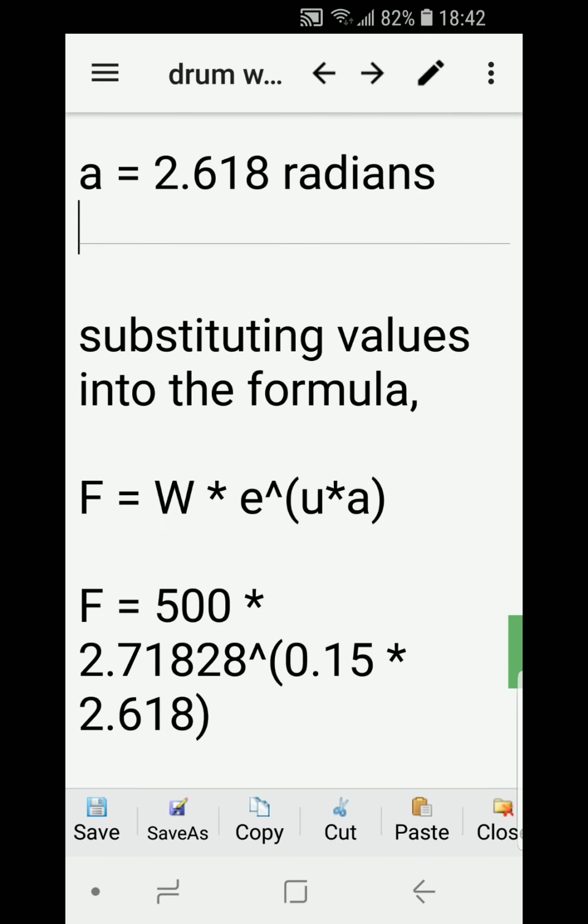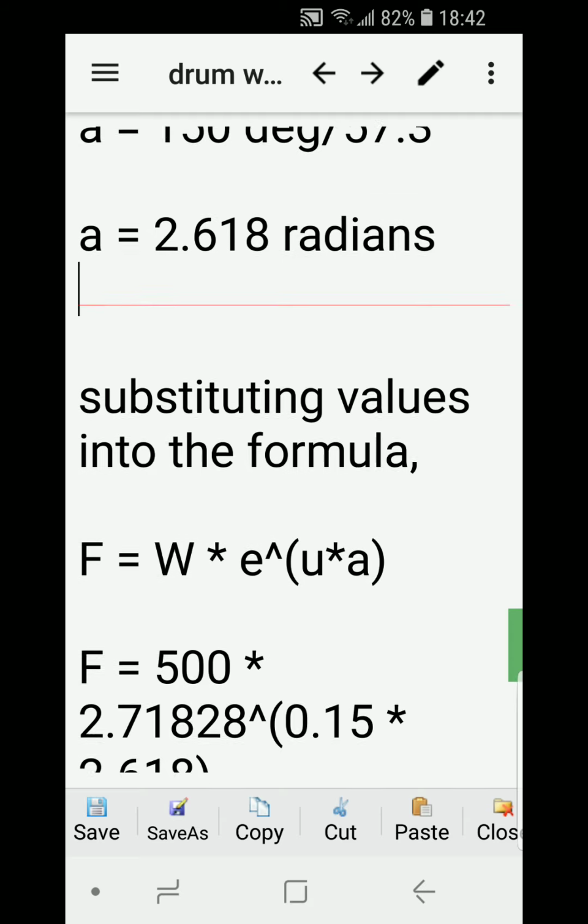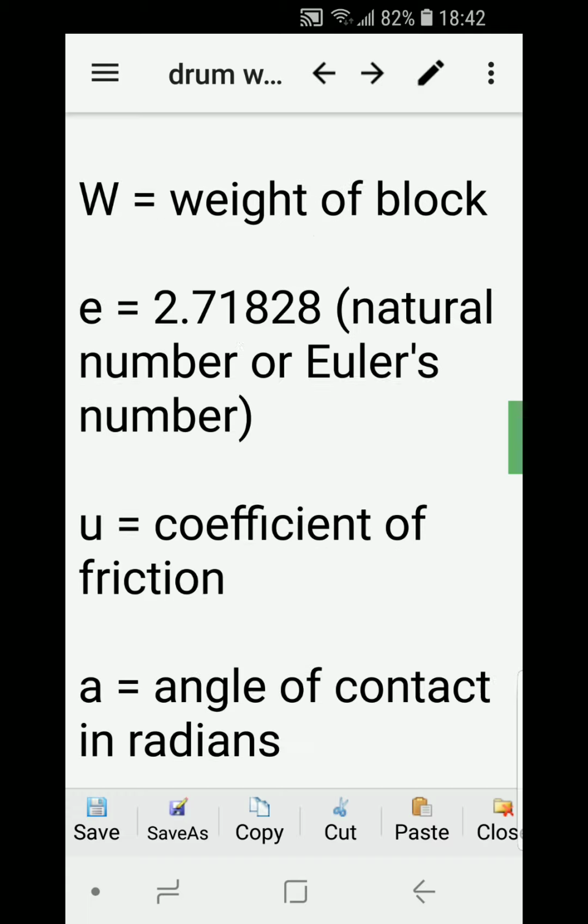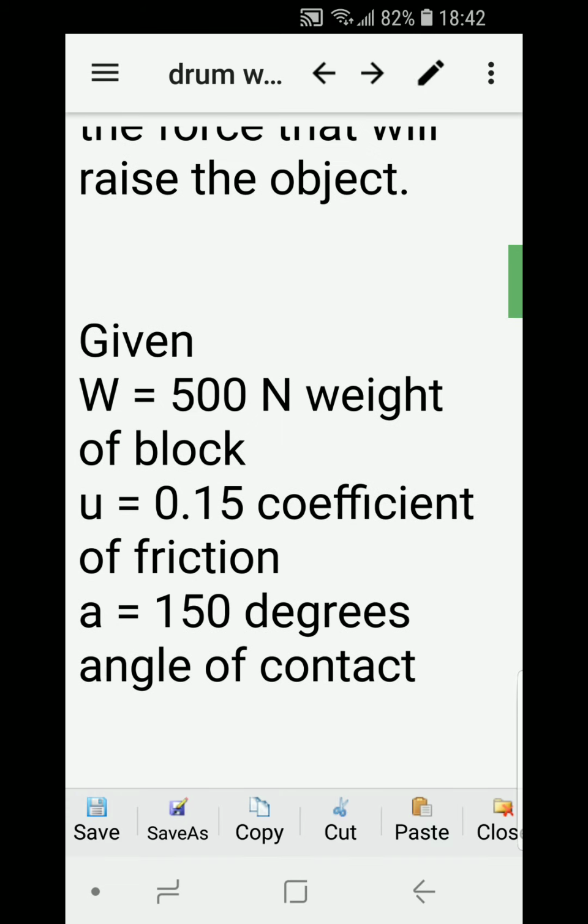And we need to substitute the values now into the formula. F is equal to W times e to the power of the quantity U times A. So let's go back a little bit to the given.